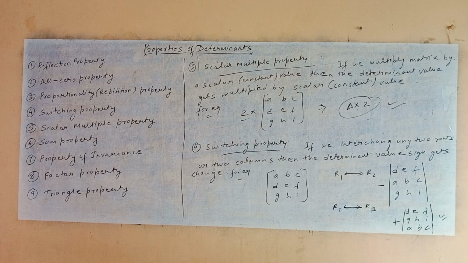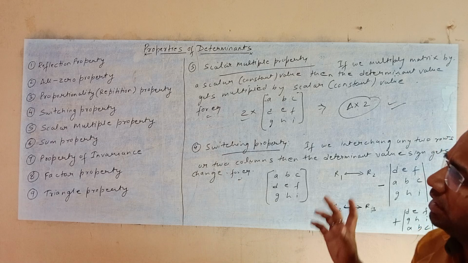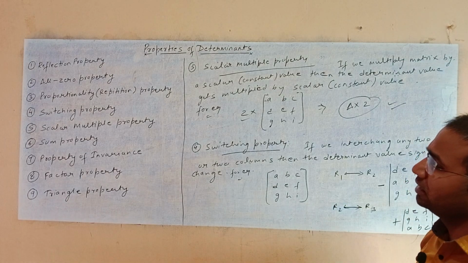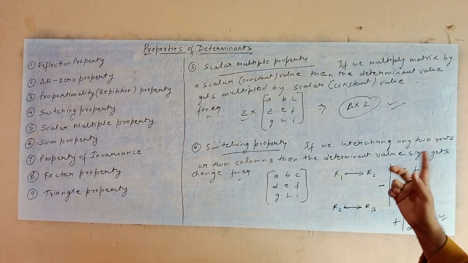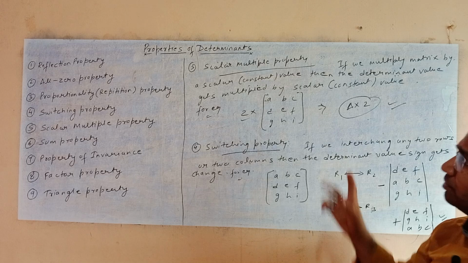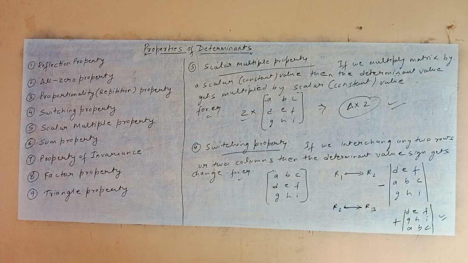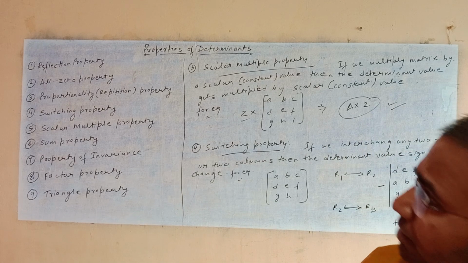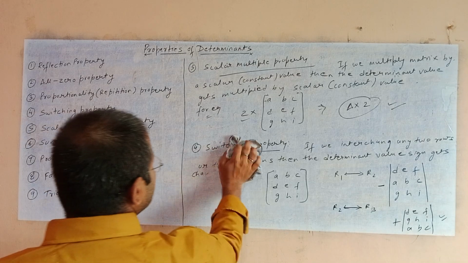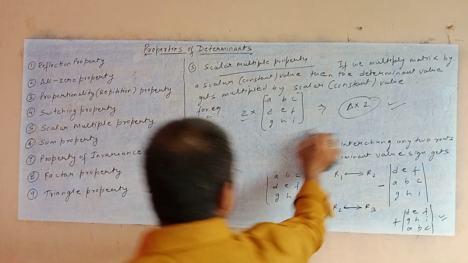So this is the scalar multiple property. If you are multiplying any matrix by any constant or scalar, then the determinant value of the given matrix gets multiplied by that scalar. Okay, so this is the scalar multiple property. Now let us see the sum property.